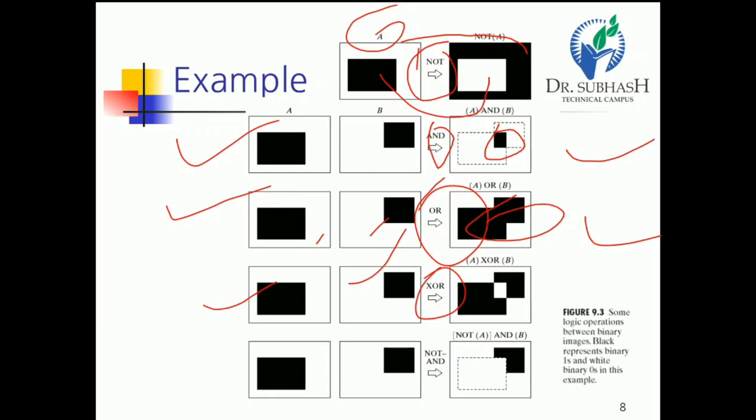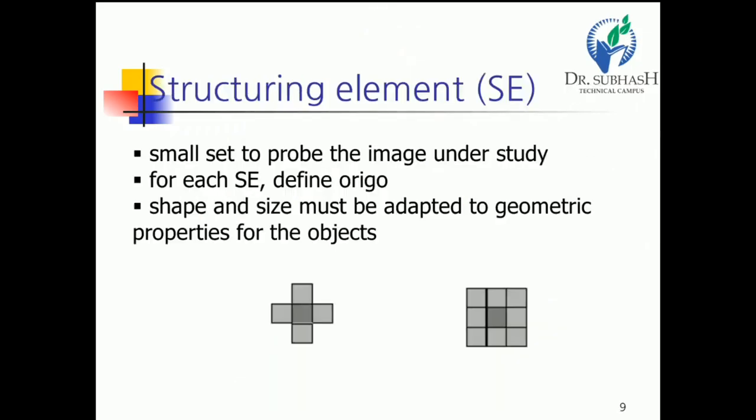Otherwise, the output of the OR gate is given to a NOT gate, so we get the complement of the OR gate. Then we find the NOT and AND gates: NOT A and B. First we find the complement of image A, and then find the AND operation. So we get this NOT and AND combined operation.